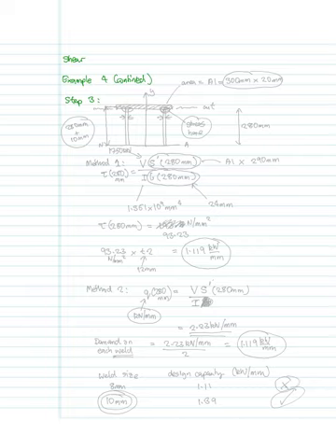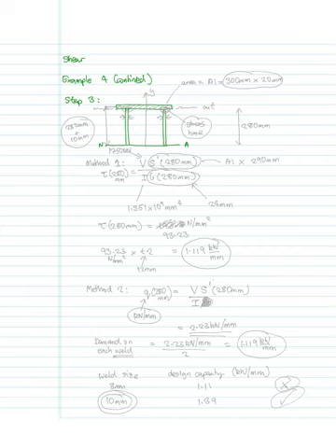So let's just draw this out here. We've got this neutral axis there. So we've got the flange, and then we've got the two webs coming down. I'm not going to be drawing the other half of the beam below the neutral axis.